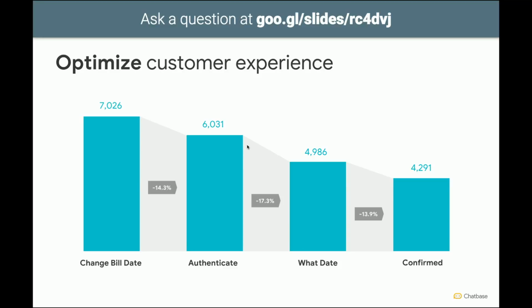And here's where you can do other kinds of optimizations around the number of steps it takes to complete, the language used. You can experiment with that to make sure that the drop-off is not as steep. Here also you can bring up transcripts per step of the funnel to see why people might have dropped off at different steps.